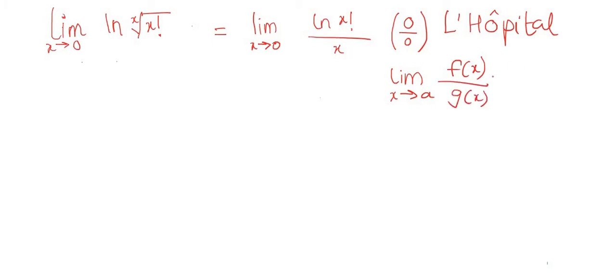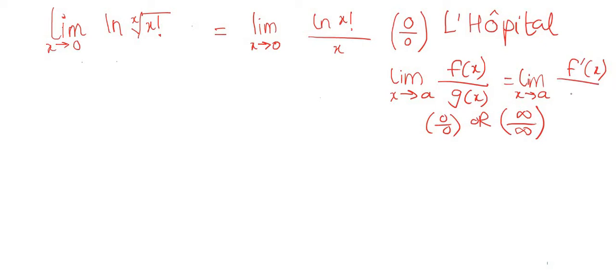If it's an indeterminate form, like 0 by 0 or infinity by infinity, then it doesn't matter whether we differentiate the numerator divided by the derivative of the denominator. Both of them mean the same thing.